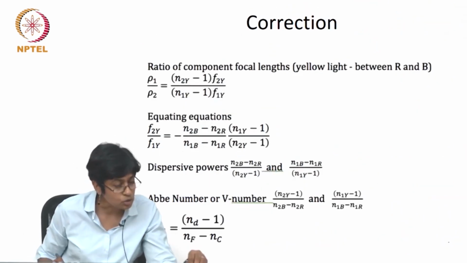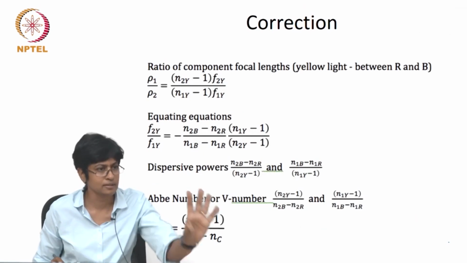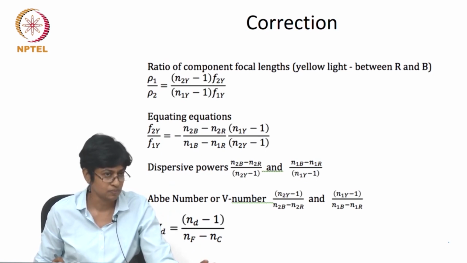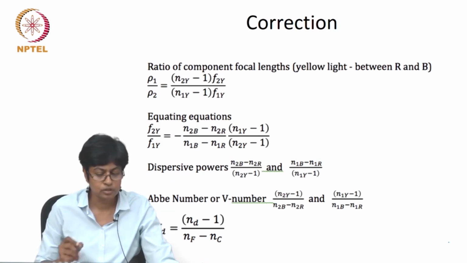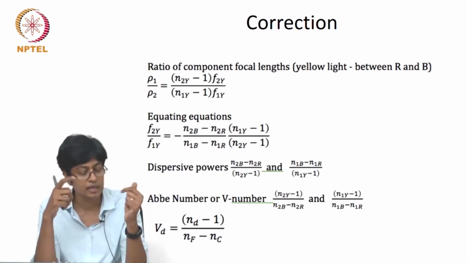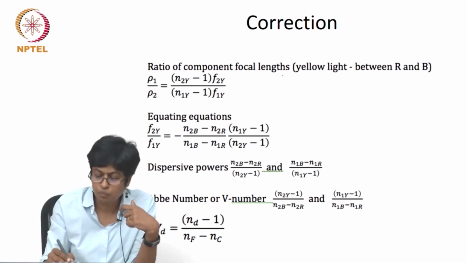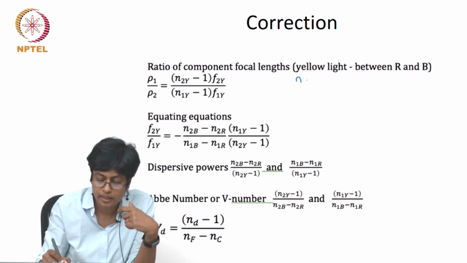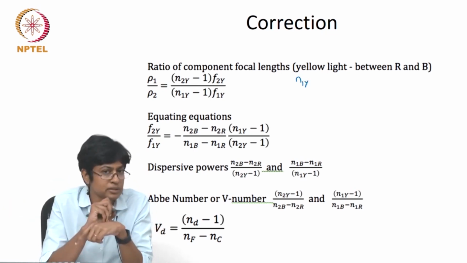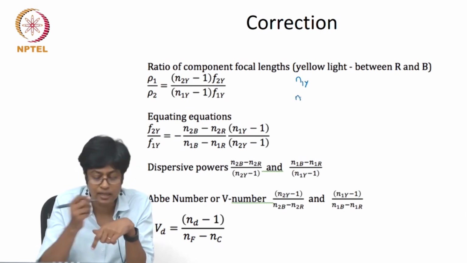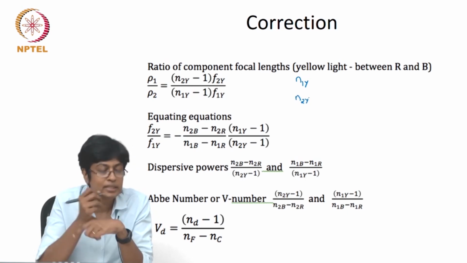Now, I say through each of these lenses, I'm going to send a third wavelength, yellow, and I take the ratio of the focal lengths for this third wavelength. So, now the refractive index of the first lens when yellow light goes through is N1Y, and the refractive index of the second lens when yellow light goes through is N2Y.